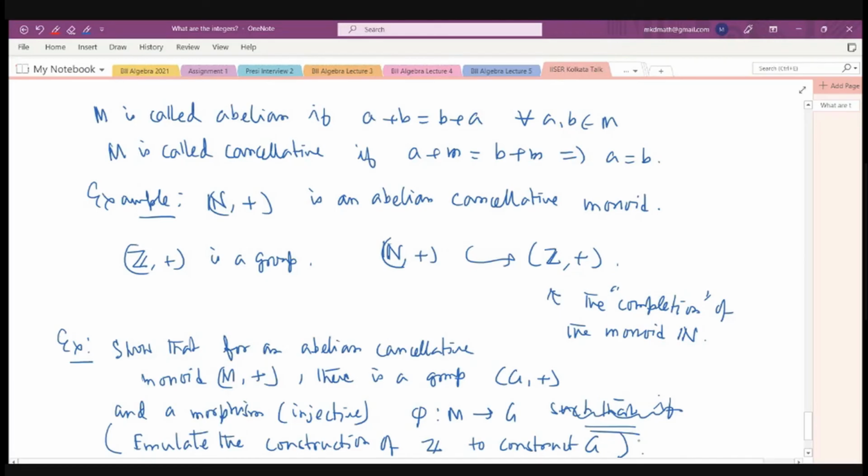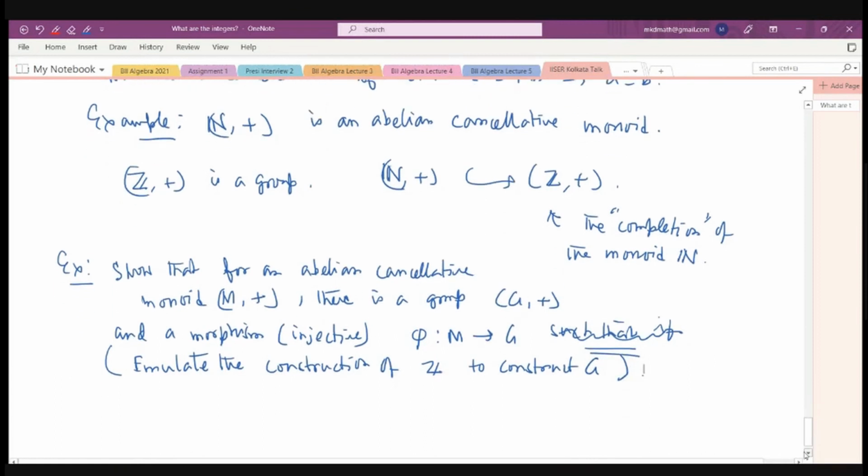Now this construction is one of the very important constructions in mathematics, and you can look it up. This construction is named after a famous mathematician, Grothendieck completion.